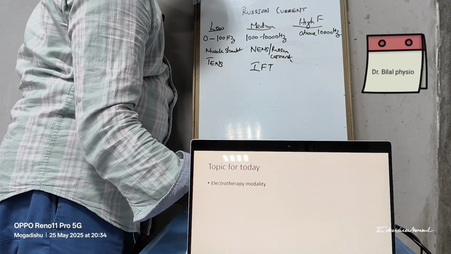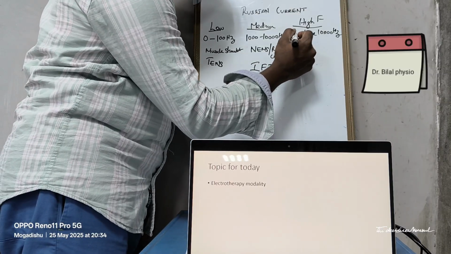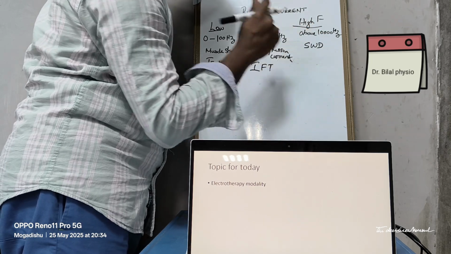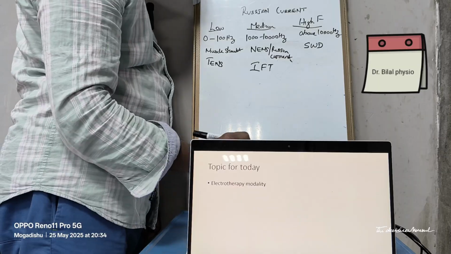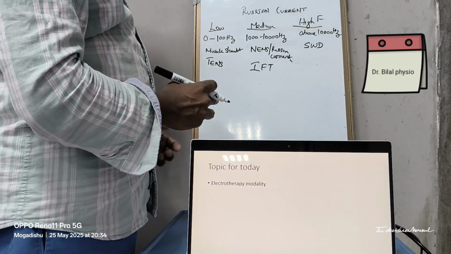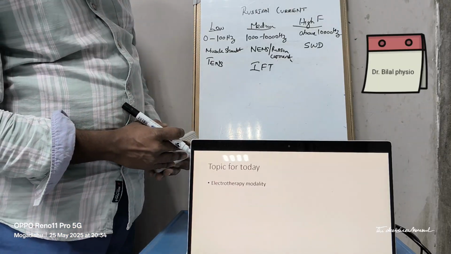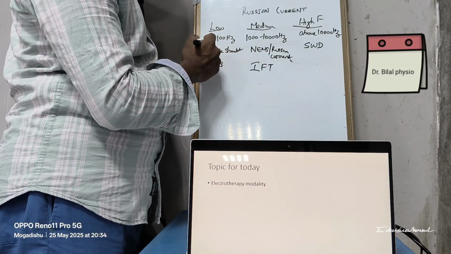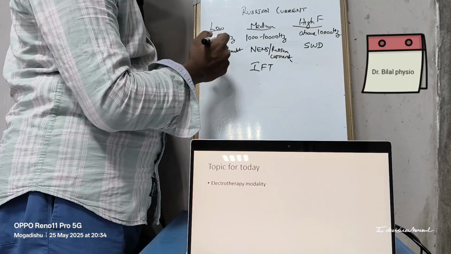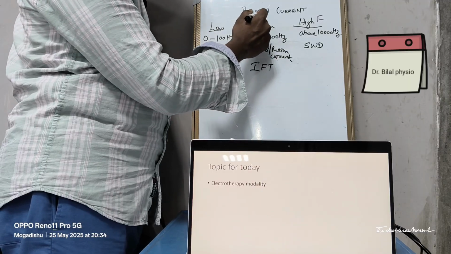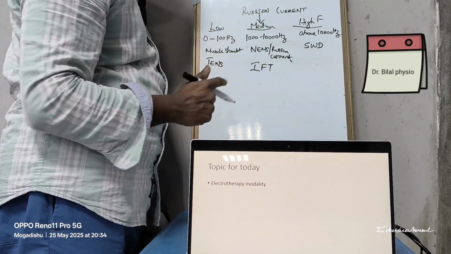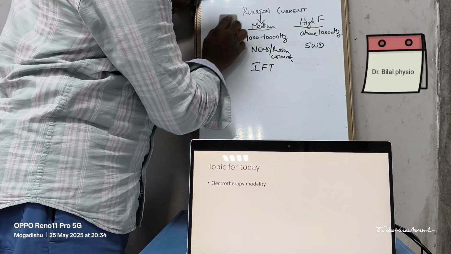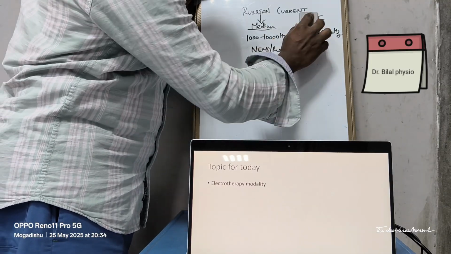The high frequency currents are, for example, short wave diathermy. These are some of the examples. So this Russian current comes under a medium frequency current. We won't look at the other things here.